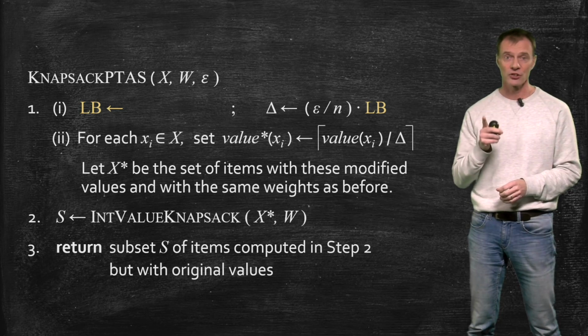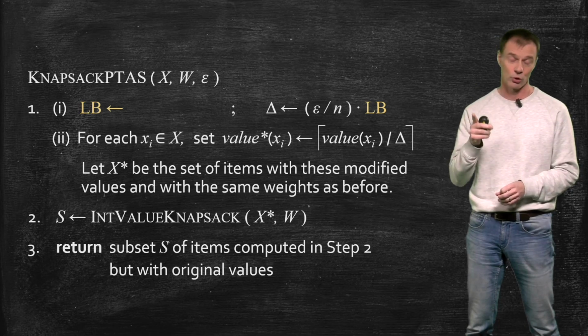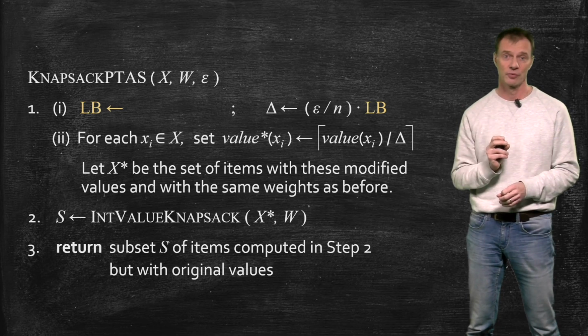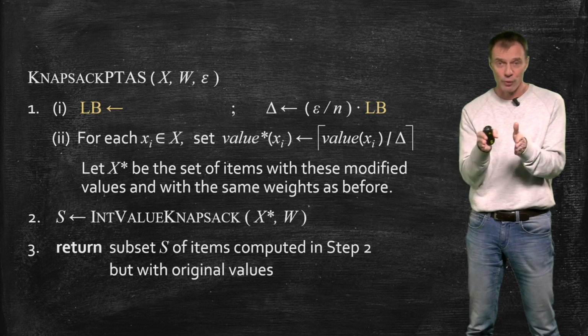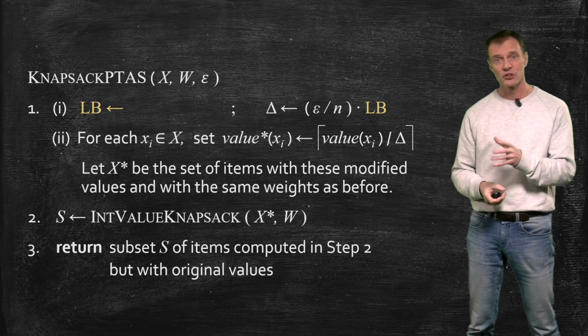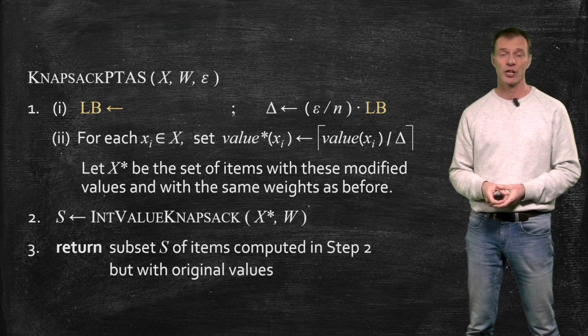Note that because LB is a lower bound on opt, so it's smaller than or equal to opt, our delta is getting smaller. That's actually good because delta was our error, and if we make the error smaller, that can only be good for us. So replacing opt by the lower bound in this way will not harm our approximation ratio.